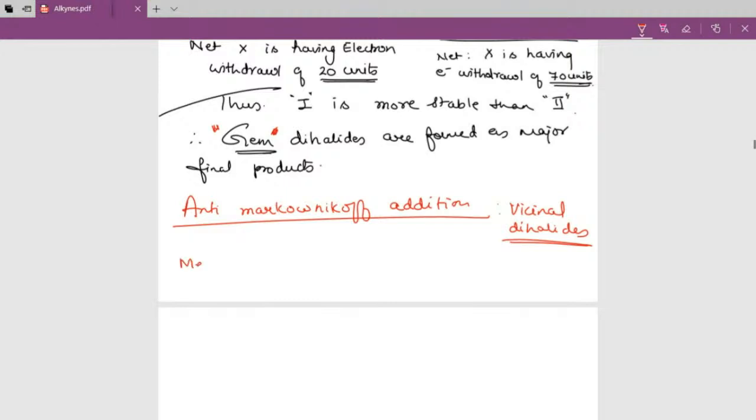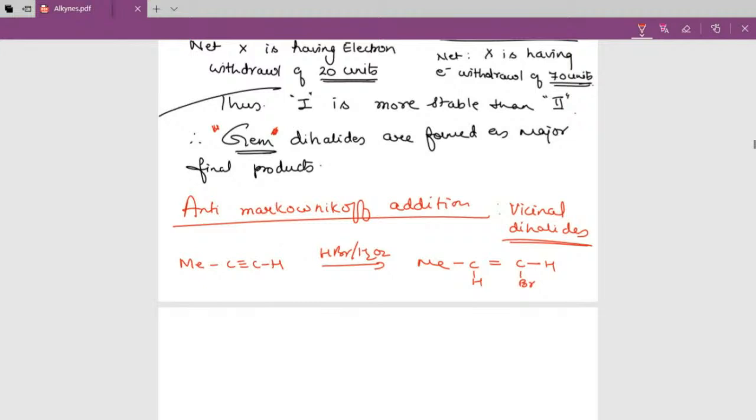Let me try again to explain. If I have this alkyne, I add first HBr with H2O2, and I will have CH3-CH=CHBr. Correct? Now this Br, the presence of this Br will have some effect on the further additions.